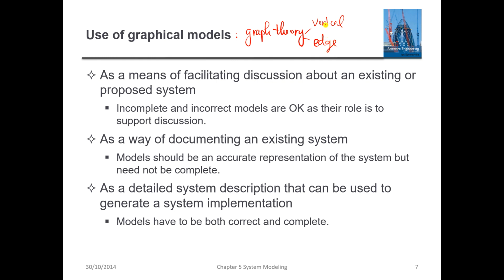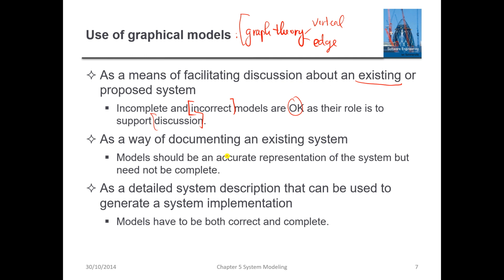The edge will connect vertices together. From the graphical model, we discuss the existence of a global system, and incomplete or incorrect models in our case. It is to support the discussion, so it is safe to use an incorrect model in a graphical model.